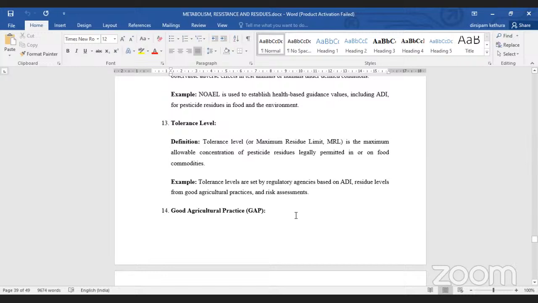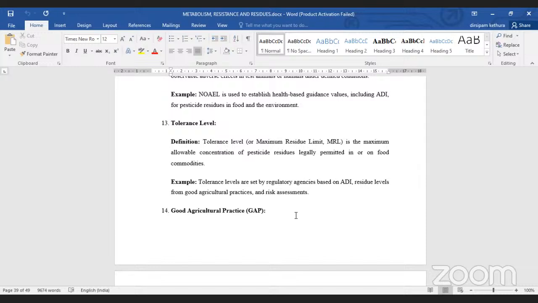And the next one is tolerance level. These tolerance levels are defined as the maximum levels of pesticide residues which are legally permitted on any agricultural or food item when offered for sale.